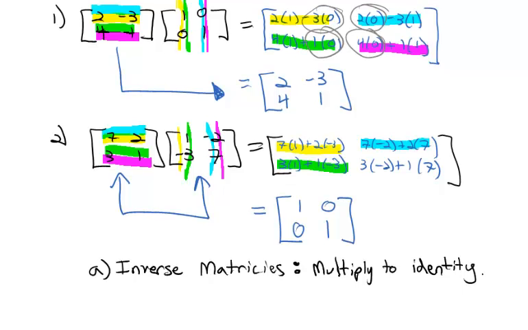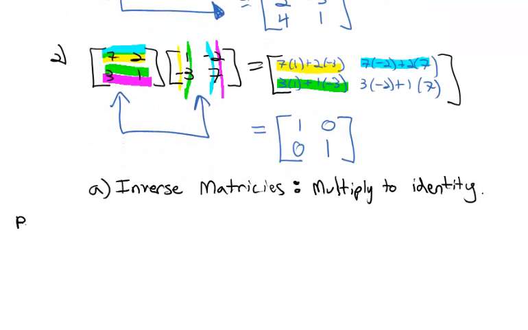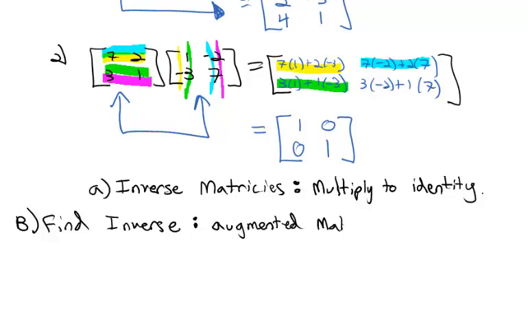So how do we go about finding an inverse matrix? The way we find an inverse is we are going to set up an augmented matrix. And in this augmented matrix, we're first going to put the matrix we want to find its inverse.